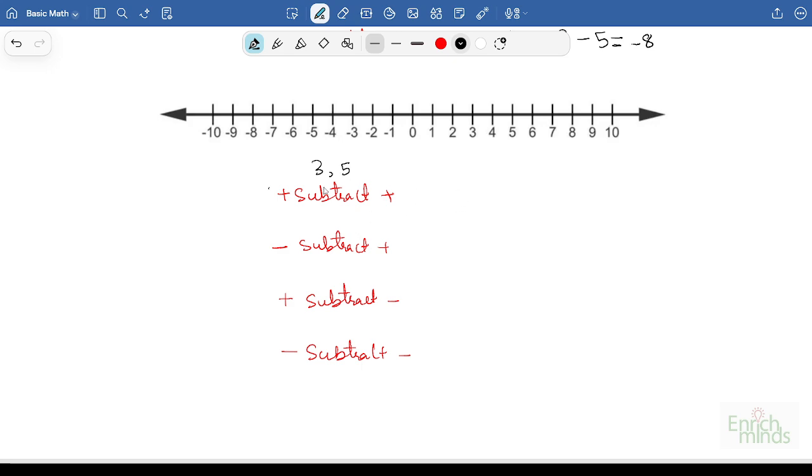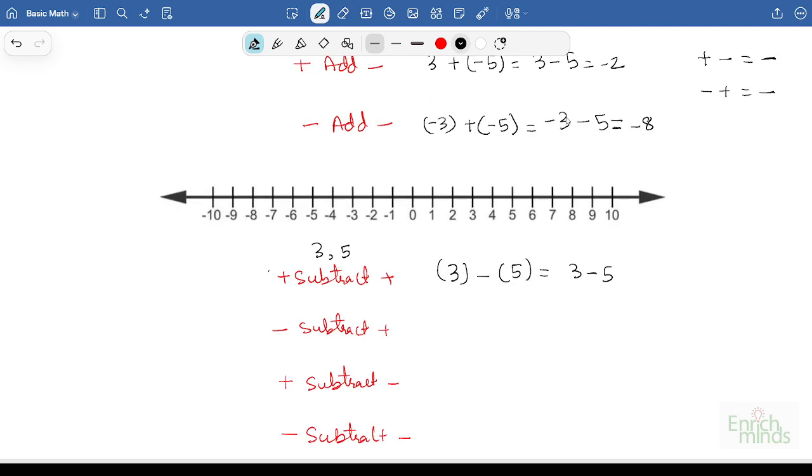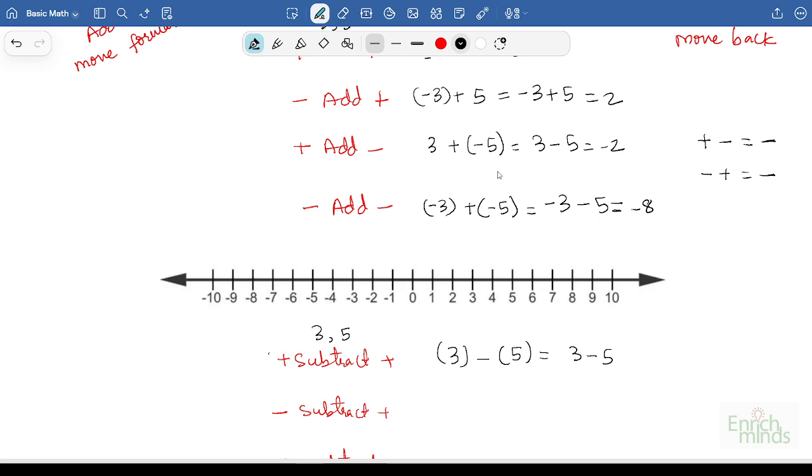So we subtract positive 5 from positive 3. So this number 5 is getting subtracted from 3. So this is like taking away 5 from 3. So here you see it's the same thing as we are doing this part.